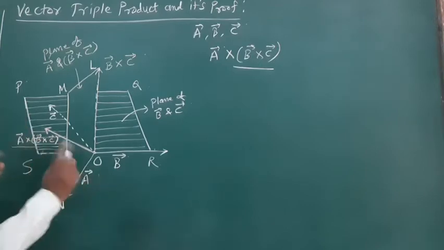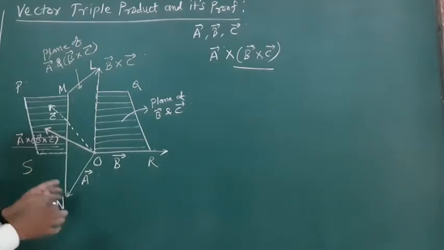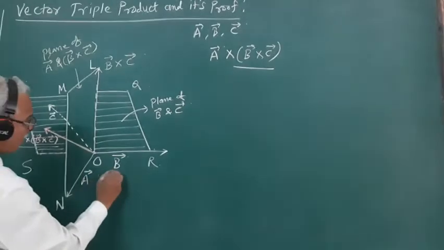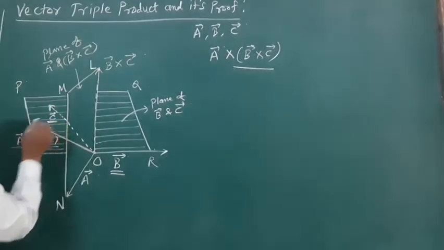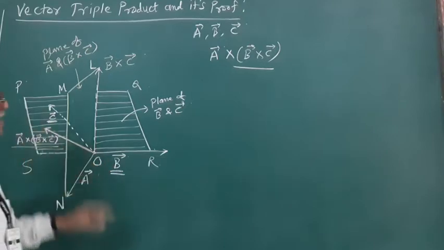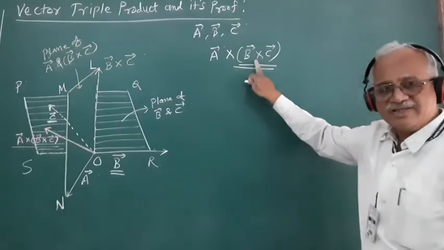will lie in the plane PQRS itself, and this plane PQRS is nothing but the plane formed by the vectors B bar and C bar, and these two vectors B bar and C bar lie in the parenthesis.